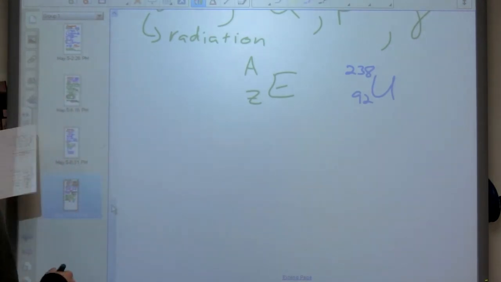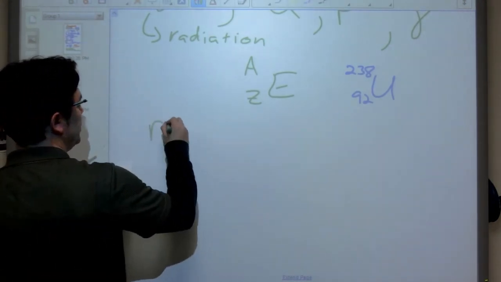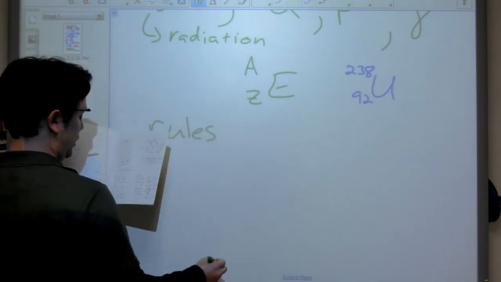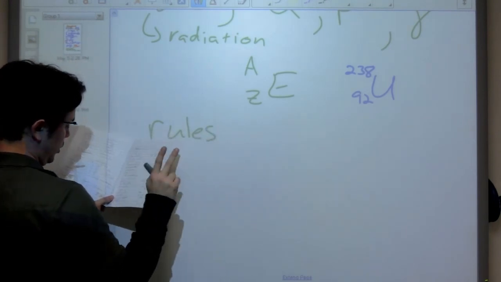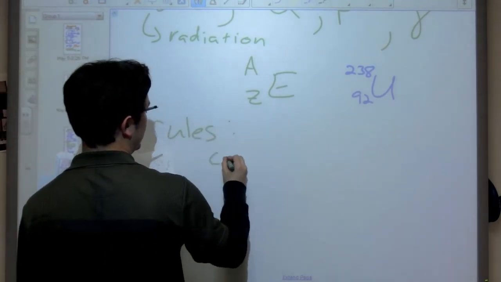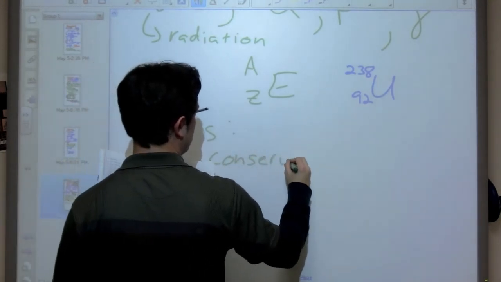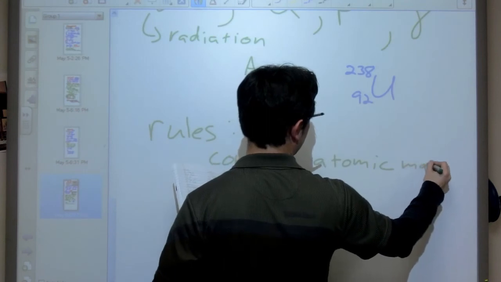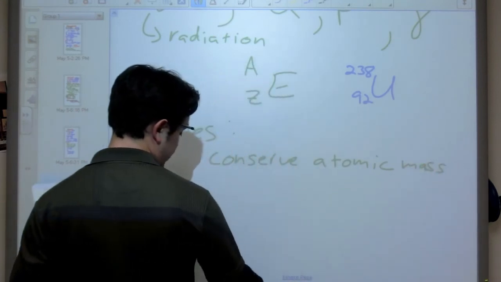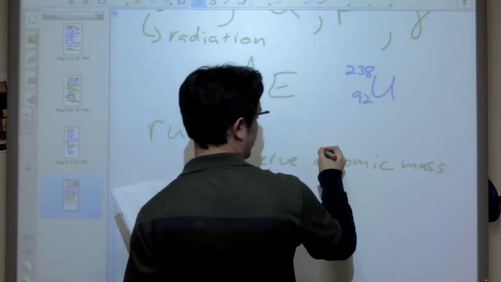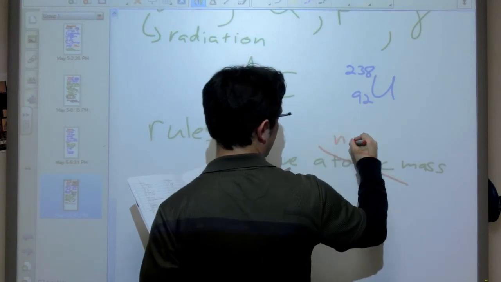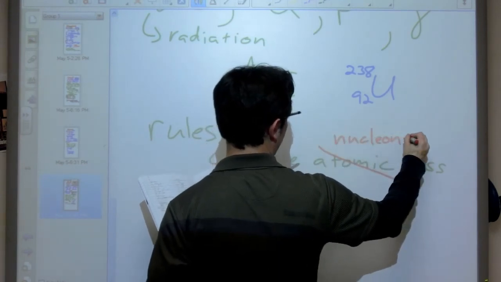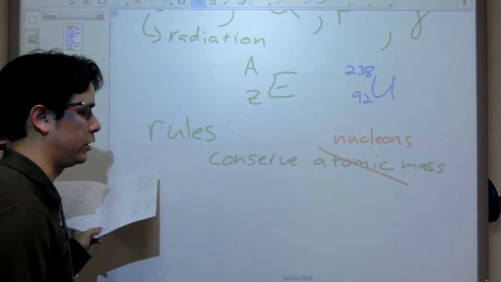The final thing to keep in mind on that is the rules that govern nuclear reactions. There are two of them that we're dealing with anyway. One is conserve atomic mass, or as I like to call it, conserve nucleons, the number of particles that normally are found in a nucleus.